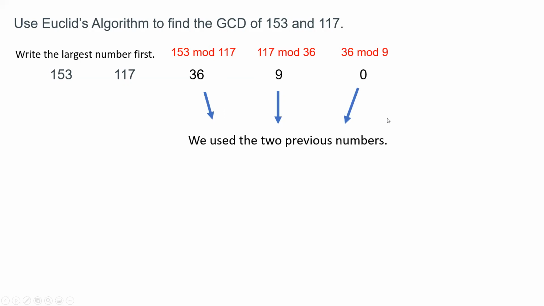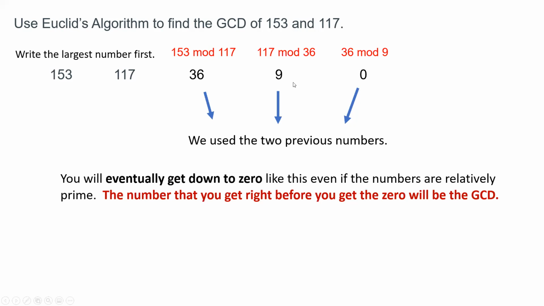So we just went through what that previous slide said to do for Euclid's algorithm, but then the bottom line of Euclid's algorithm said that once we get down to 0 here, it ultimately turns out that it's the one right before it. If you eventually get down to 0, the number that we get right before we got 0 ends up being the GCD.